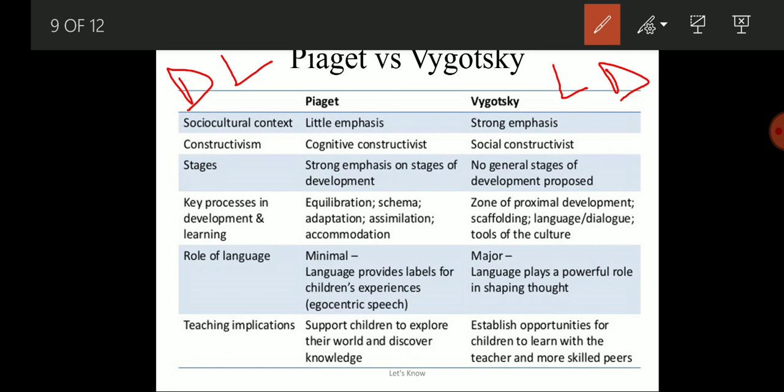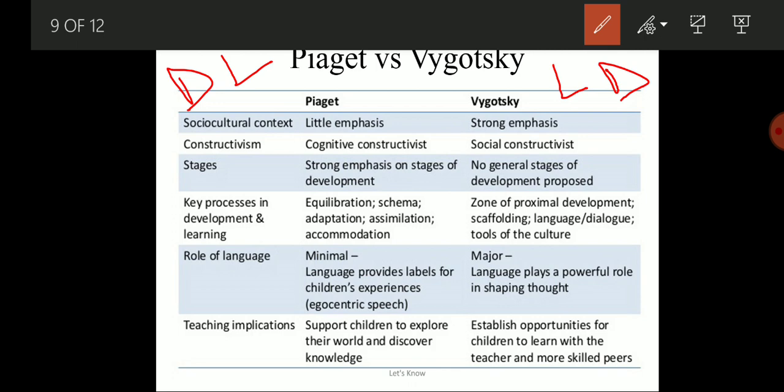This particular age group is classified, but Vygotsky hasn't classified anything, so there are no stages. Key process in development and learning. Key processes used by Piaget: here you see equilibration, schema, adaptation, assimilation and accommodation.